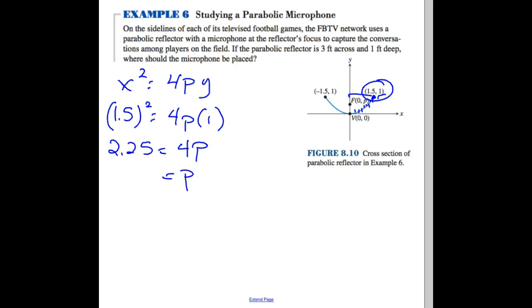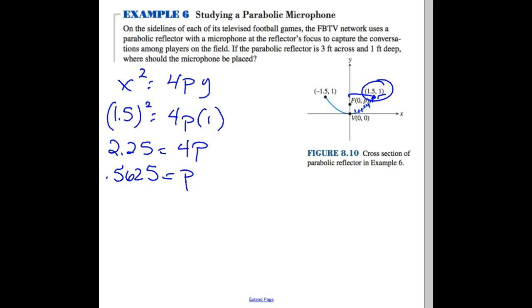We're going to do a little converting, so grab your calculators. Take 2.25, divide it by 4. What do we get? 0.5625. Now, what units were they giving all these measurements in? They were giving it in feet.